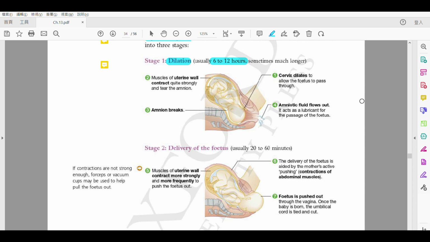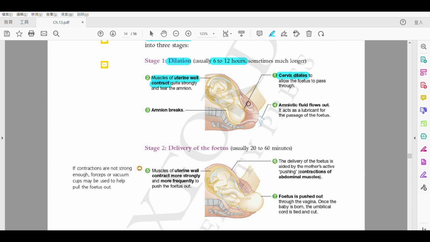Somehow, these 4 points are quite important. In the past, this was tested about the sequence. So remember, the first one is not the contraction of the uterine muscle wall. The first one is that the cervix has to dilate first. The cervix will dilate, and then allow your fetus to pass through.